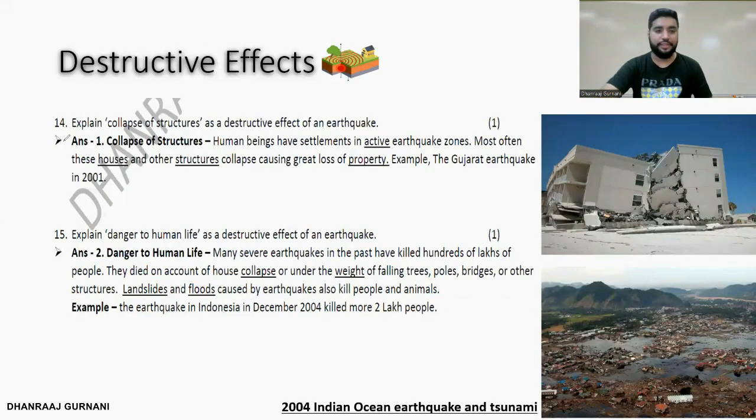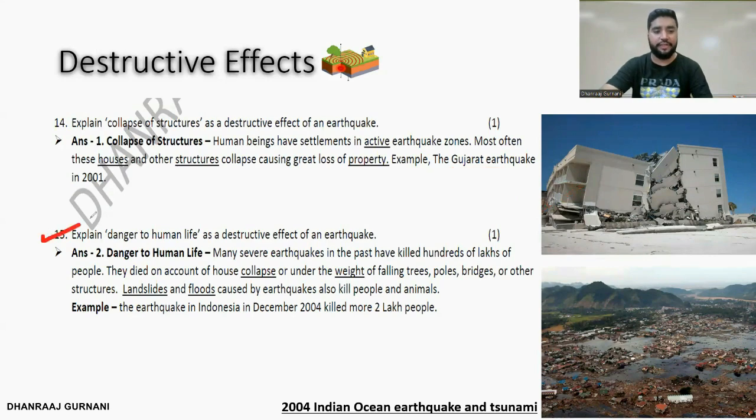Let's see the first destructive effect of an earthquake. Collapse of structures. Human beings have settlements in active earthquake zones. Most of these houses and other structures collapse, creating a great loss of property. For example, very important, the Gujarat earthquake in 2001.